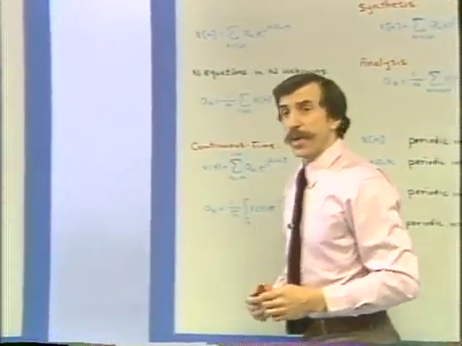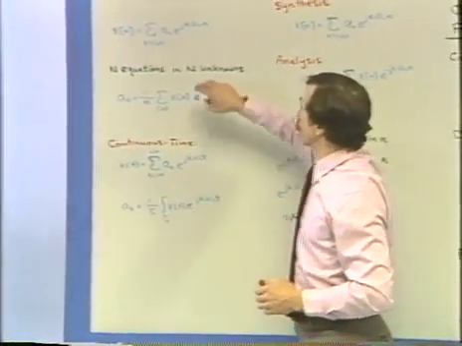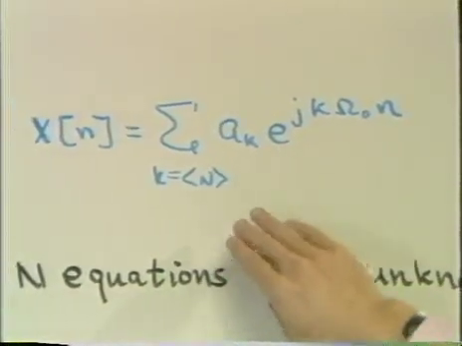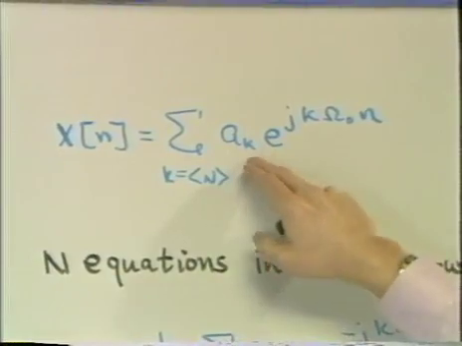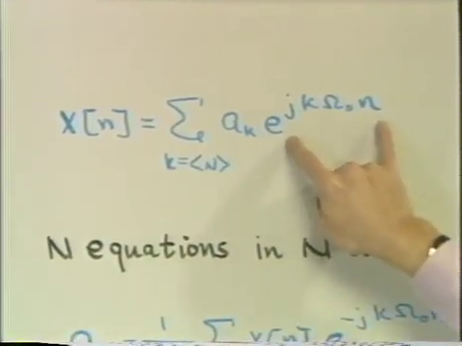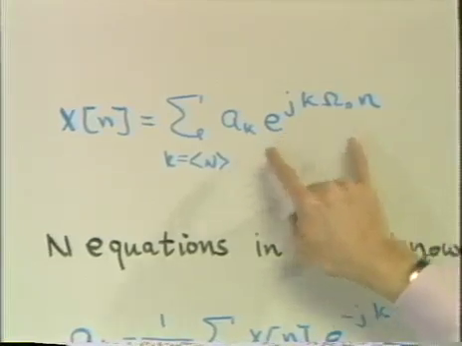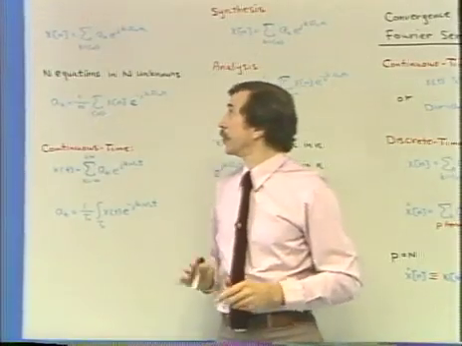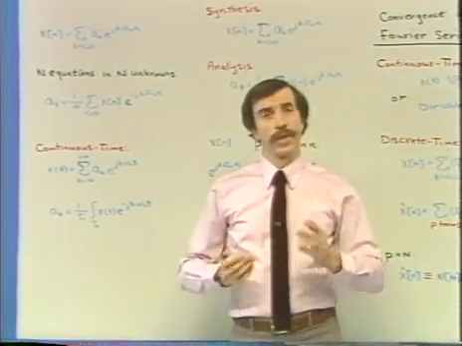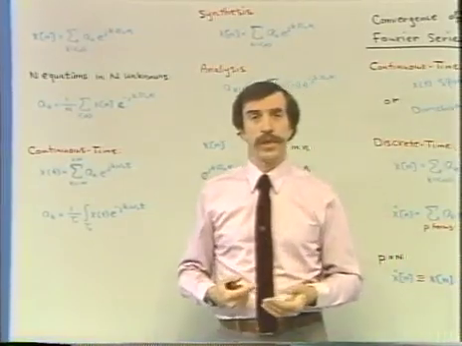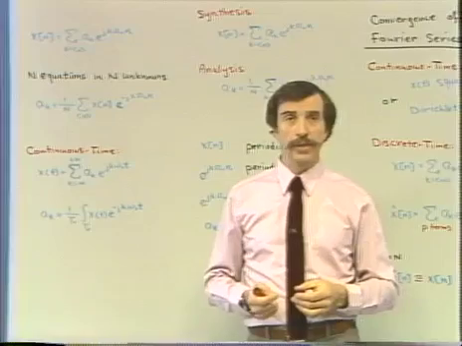Okay, so the expression that we have for the Fourier series, I've repeated here. And the implication now is that the a sub k's are periodic. They periodically repeat because, of course, these exponentials periodically repeat. This indicates that we only use them over one period. And now we can inquire as to how we determine the coefficients a sub k. Well, we can formally go through this much as we did in the continuous time case.